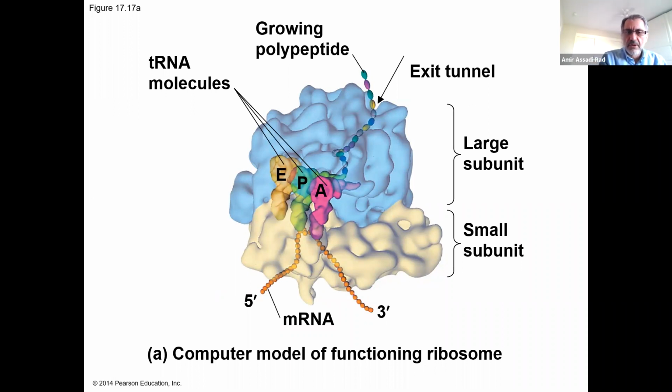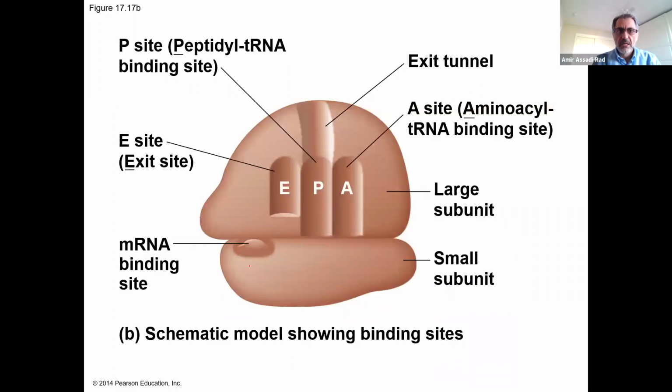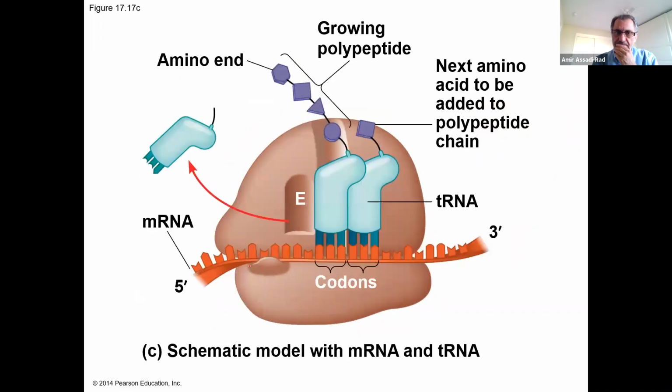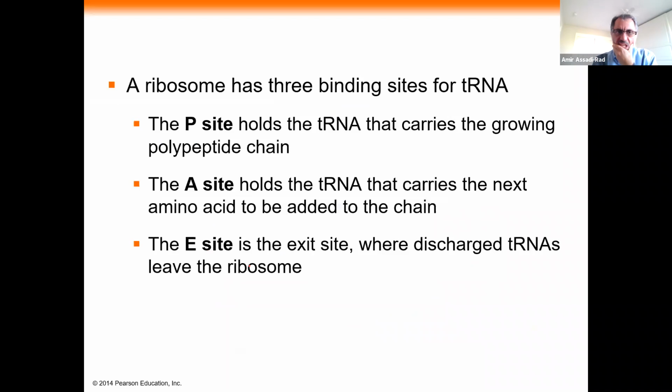The mRNA is passing through, and tRNA brings in the amino acids right here, P site, A site, E, P, A. The P site holds the tRNA that carries the growing polypeptide chain. The A site holds the tRNA that carries the next amino acid, and E is the exit.